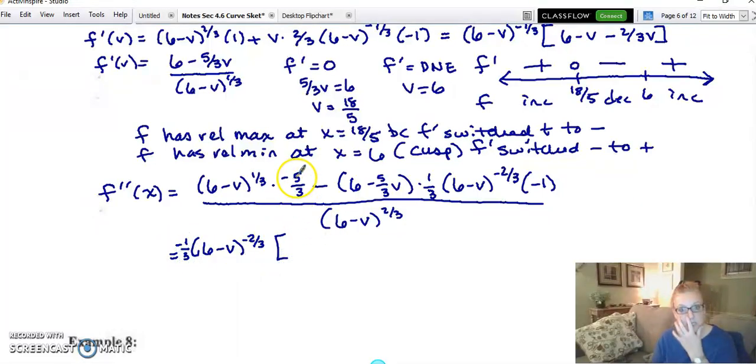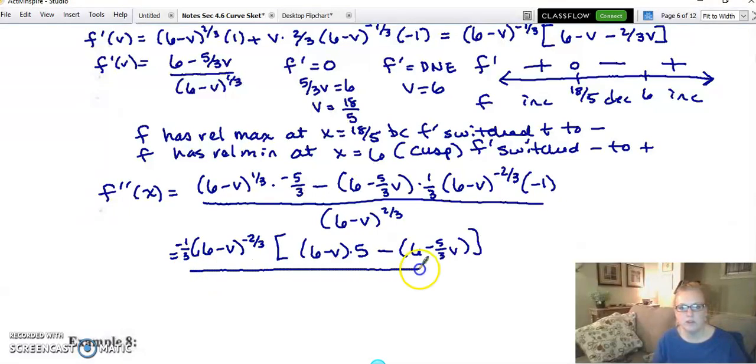That's going to leave me here with 1/3 minus negative 2/3, which is 6 minus v, times 5, since I took the negative 1/3 away. Here we're going to have minus 6 minus 5/3 v. I took the 1/3 and the negative out. So that's what we have left there. Be careful with this distribution of the negative. 6 minus v to the 2/3.